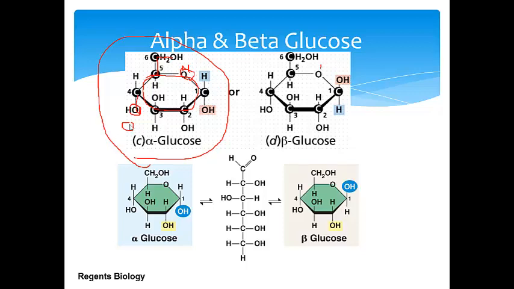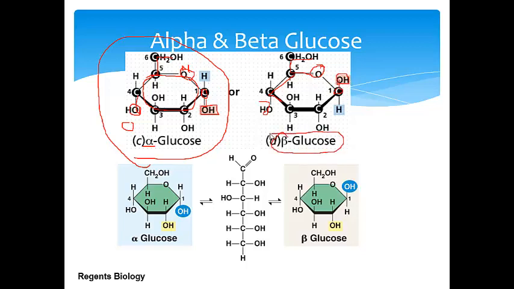Now, this is alpha glucose. On the first carbon, the OH group is down. That's what makes it alpha. Here we have our kitty cat, our glucose molecule. There he is, his tail. He's still pooping. Okay, but on the first carbon, the OH group is up. That makes this beta glucose.